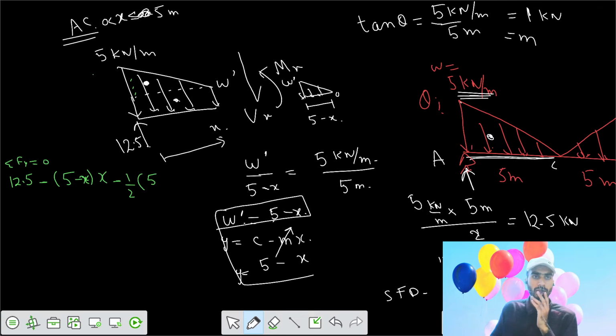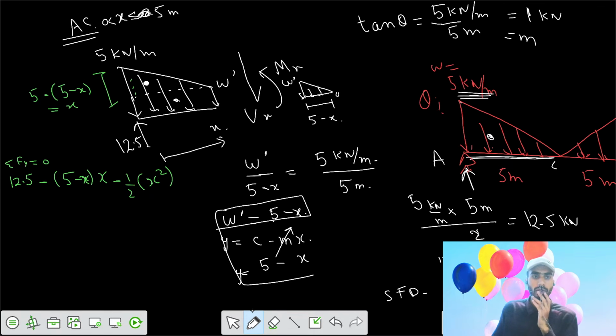The difference here is 5 minus of 5 minus x, so the value becomes x. The area of the triangle becomes x into x, that's x square.